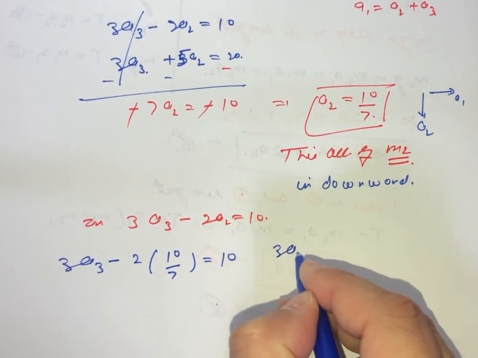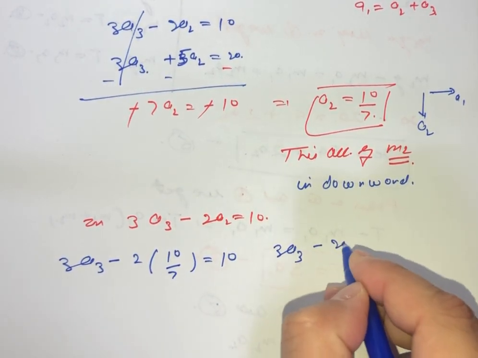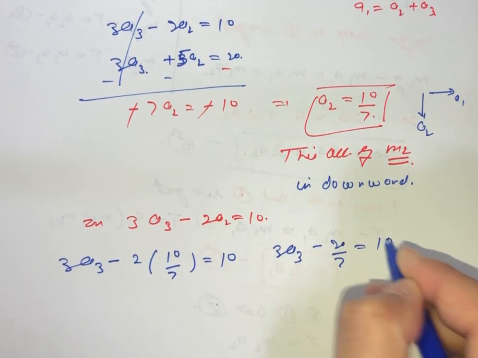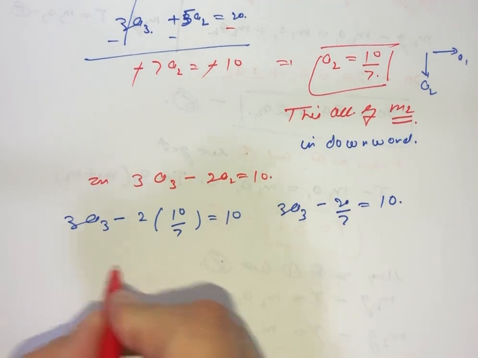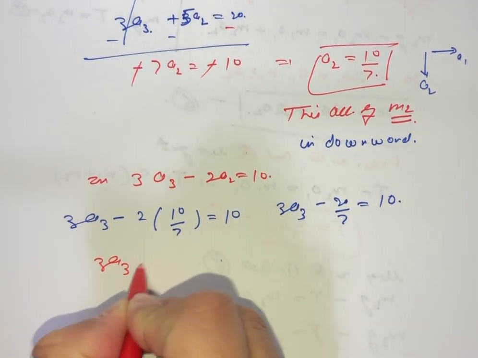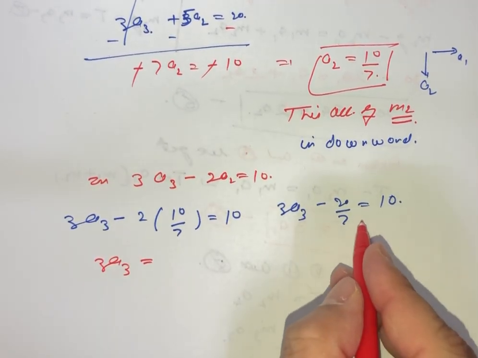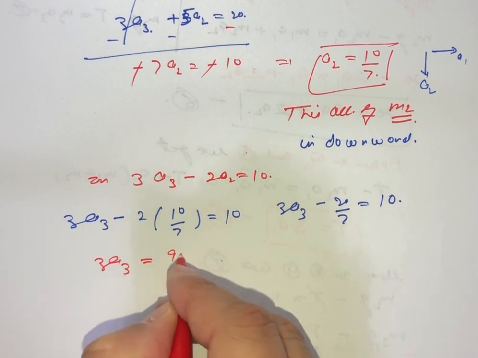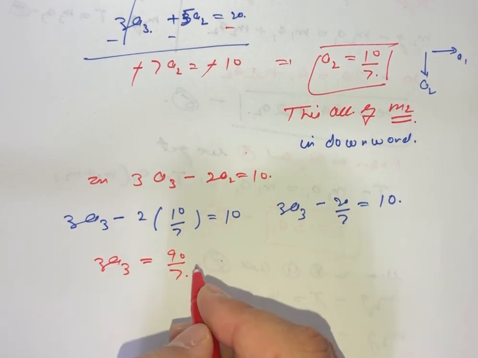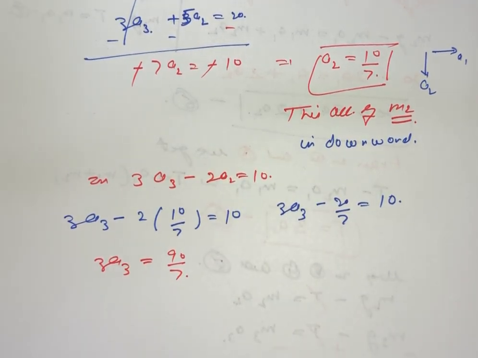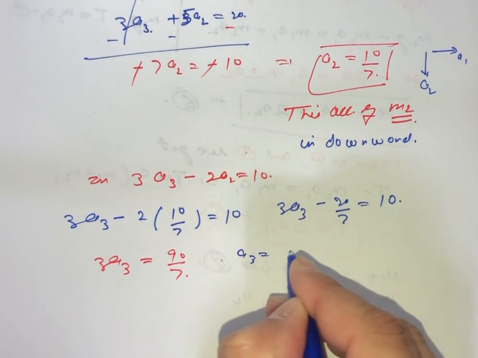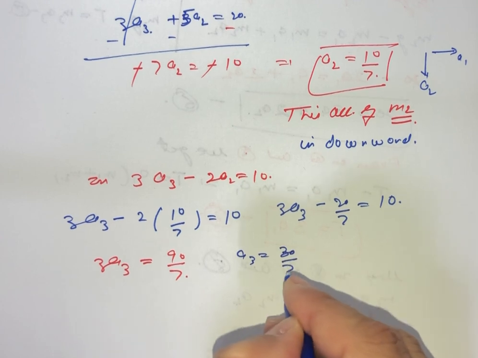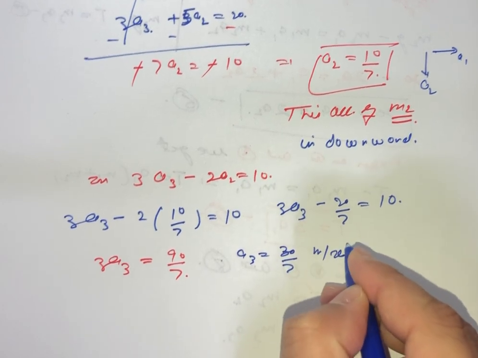So we get this as 3a3 minus 20 upon 7 is equal to 10, and we get 3a3 is equal to 90 upon 7. So we get a3 as 30 upon 7 meter per second square.